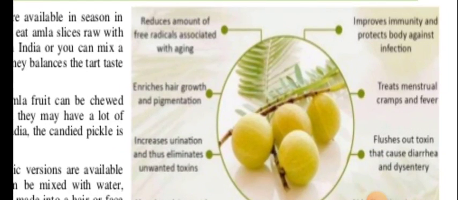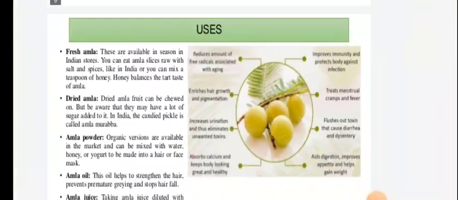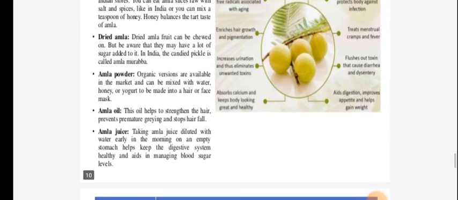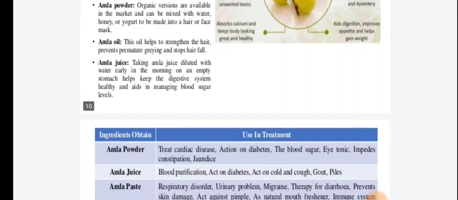It reduces free radicals, protects the body against infection, treats menstrual cramps and fever, flushes out toxins that cause diarrhea and dysentery, encourages urination and thus eliminates unwanted toxins, and enriches hair growth and pigmentation. So all these uses are there. Amla oil, amla juice, amla powder, paste are there.